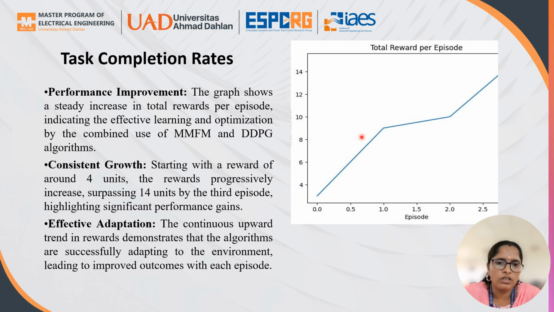From this 4 units, the reward is getting increased, and at the third episode it reaches 14 units, so the performance gain is increasing. This will give an effective adaptation. So this is a reward graph to show the MMFM and DDPG algorithm performance improvement.